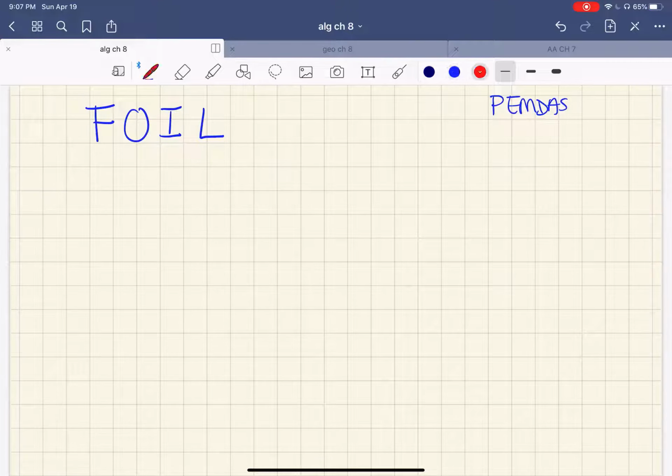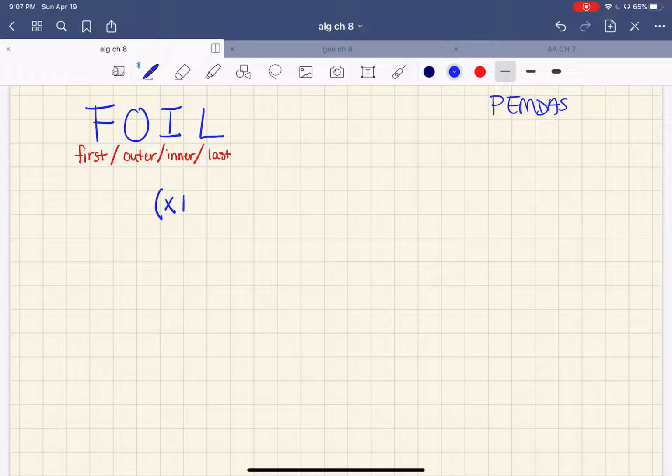And it stands for first, outer, inner, and last. That's what FOIL stands for. Now, what are they talking about? Well, here.